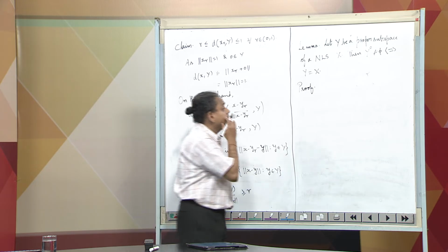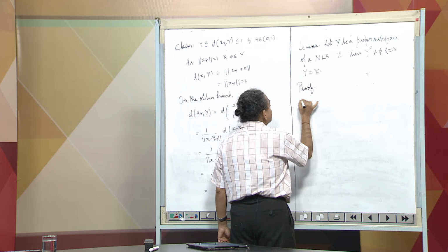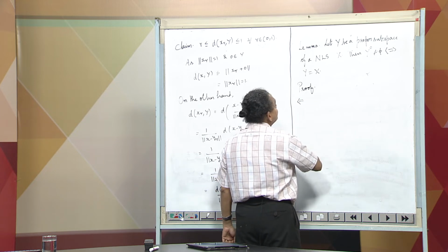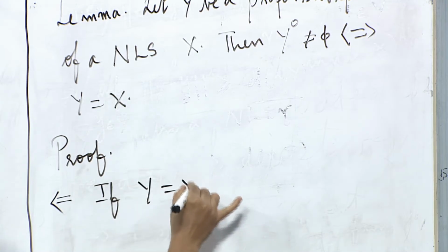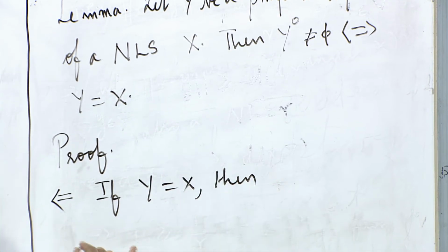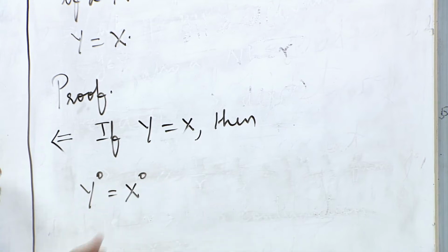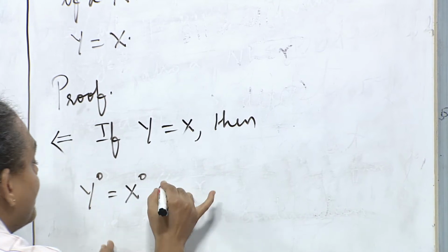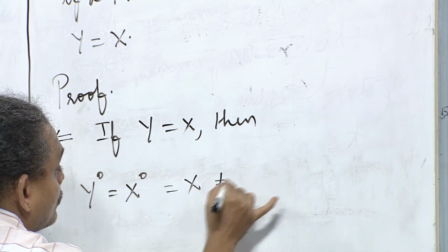Let us begin with the easy part, which is the backward part. If Y equals X, then the interior of Y is the same as the interior of X, but we know that the interior of X is X itself, because that is the space that we are considering, and which is always non-empty.